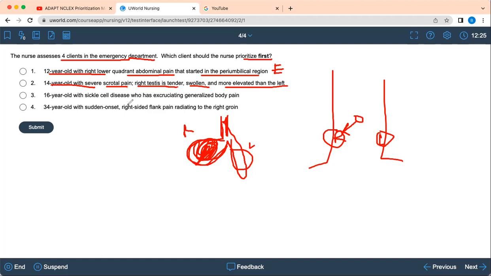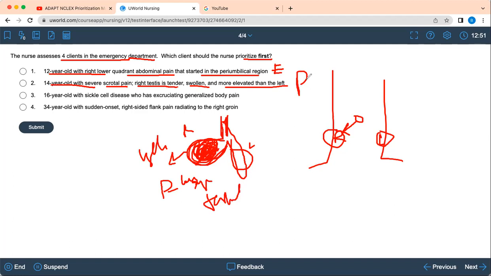So you have ischemic pain from twisting of the testicle. And if you don't take away the pain, the patient will lose their testicle. So that's the ischemia. This pain will lead to loss of organ. A loss of organ is a priority. This is what we call testicular torsion.